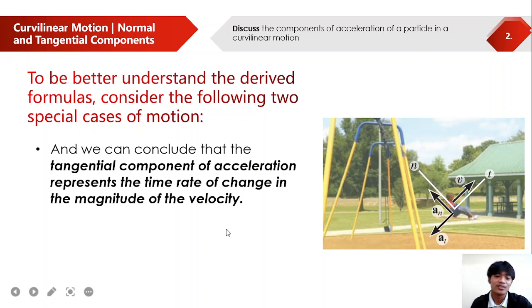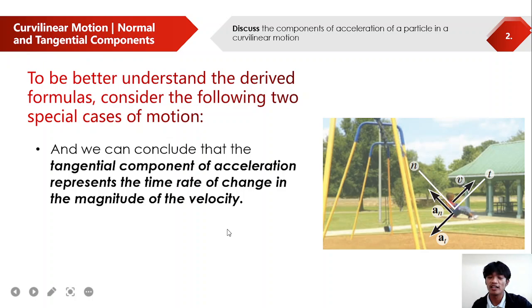That's the magnitude of the velocity. Kasi nga, yung tangential component, we define that as equal to dv over dt. And that's the time rate of change of the magnitude of the velocity.